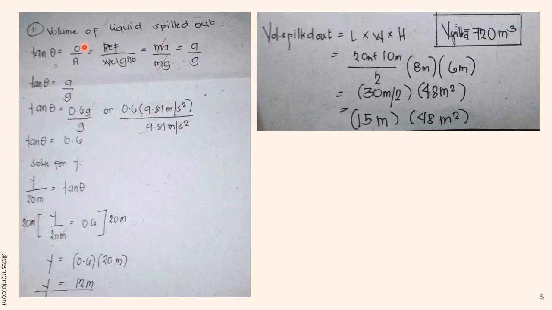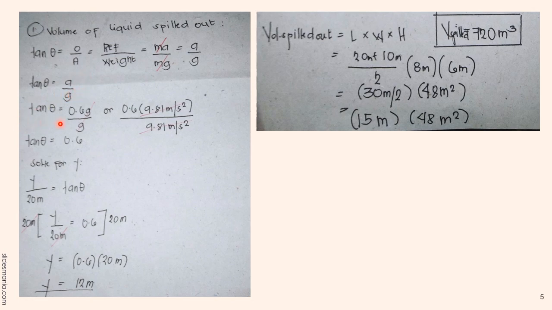For the volume of liquid spilled out, tan theta is equal to opposite over adjacent, which is equal to the REF over weight, or mass times acceleration over mass times gravity. Cancel out mass from the upper and lower part, and we have tan theta equals acceleration over gravity.